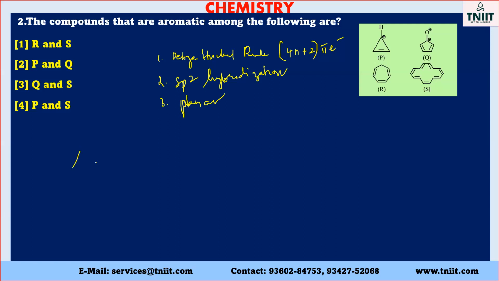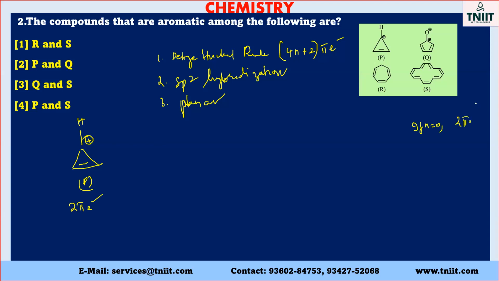The first molecule given here is this, and it is plus. And this is represented as P. This contains only 1 pi bond. Since it contains 1 pi bond, it will have 2 pi electrons. Now just see Huckel's rule, 4n plus 2 pi electrons. If n is equal to 0, what happens? 4 into 0 is 0, plus 2 pi electrons.